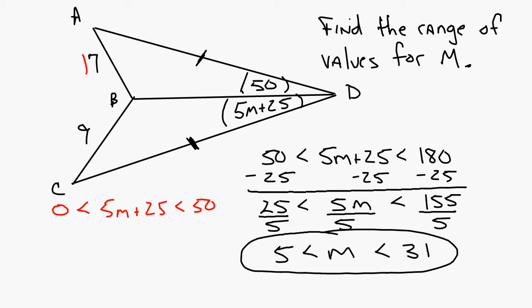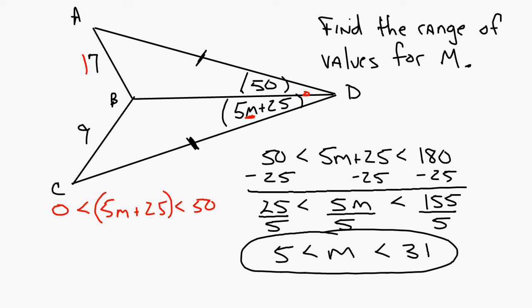Could it go into negative one? Well, what you're talking about here is 5m plus 25, which is a binomial that represents an angle measure. All right? The angle measure itself can't be negative. But the value for the variable can be negative, if that makes any sense.